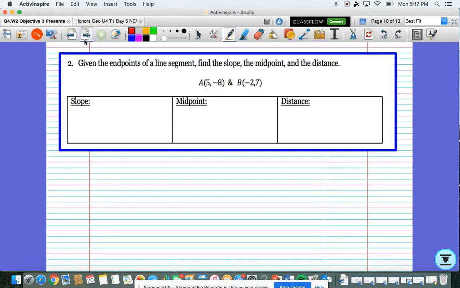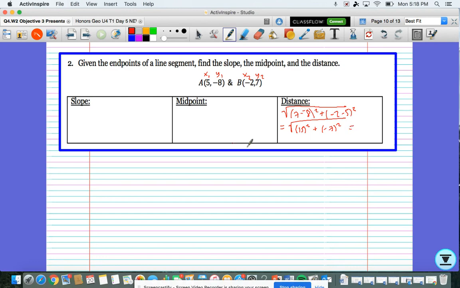So along some similar lines, now I'm given 2 points, I'm going to find the slope, the midpoint, and the distance. I'm going to go backwards because that's the order I did it in before. So I'm going to go with the square root. Let's say x1, y1, x2, y2: 7 minus negative 8 squared, plus negative 2 minus 5 squared. What is that? 15 squared, because that's like adding, plus negative 7 squared.